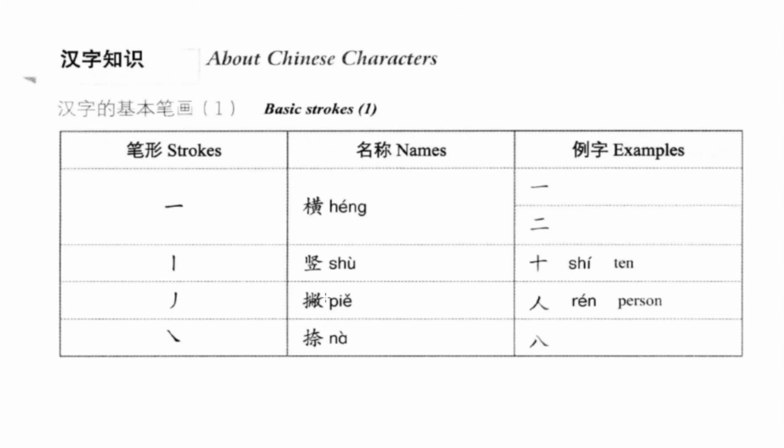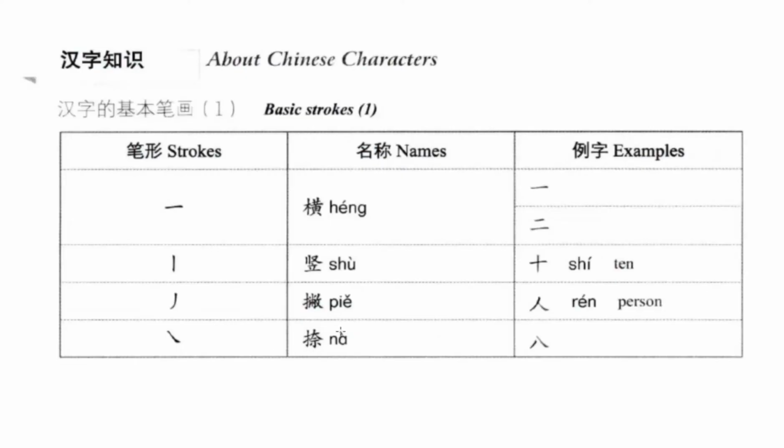And the third one, 撇, like this. It's not a shoe, but like a small tail in the left, right? 人, person, here. Try to remember this 人, person. It's a basic character because it's very simple, like 一, 二, 十, 人. And the last one, 捺. Example, 八. We learned 八.